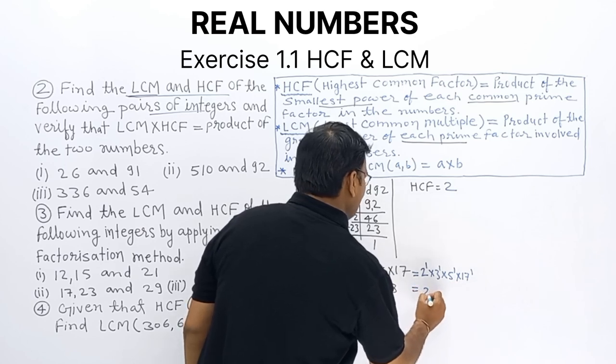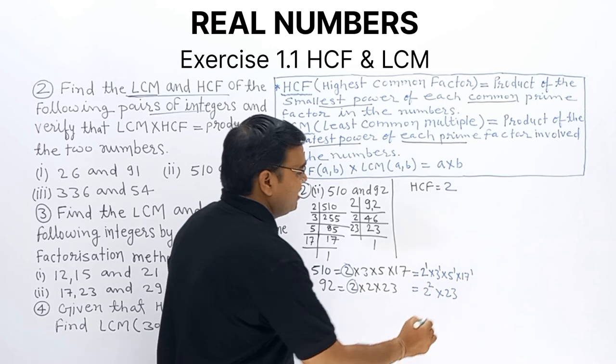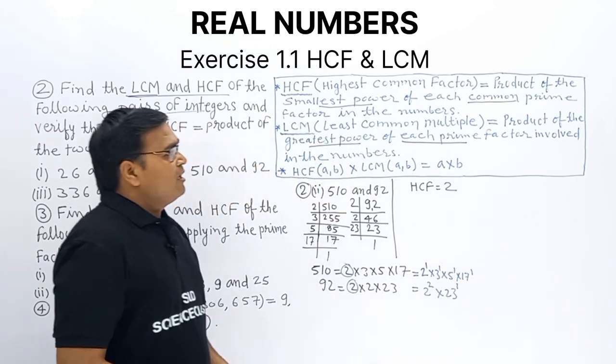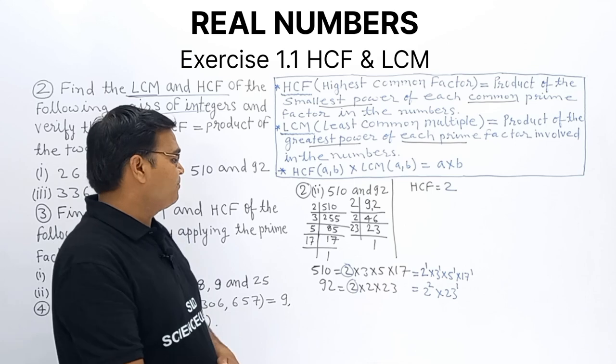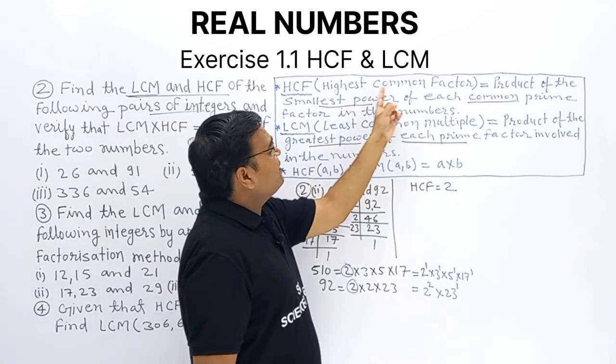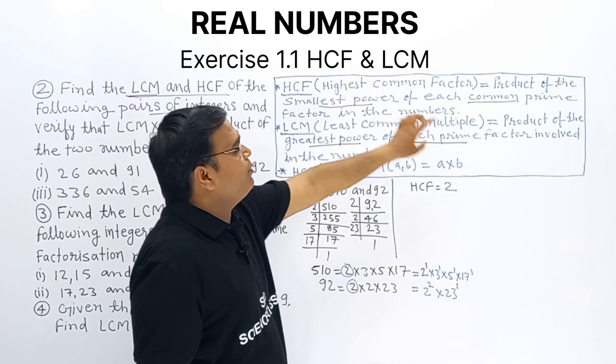This can be written as 2 power 2 into 23. Understand? And it has power 1. ये जो डेफिनिशन है इसको यहाँ पर इंप्लीमेंट करते हैं. स्मॉलेस्ट पावर ऑफ ईच कॉमन प्राइम फैक्टर.